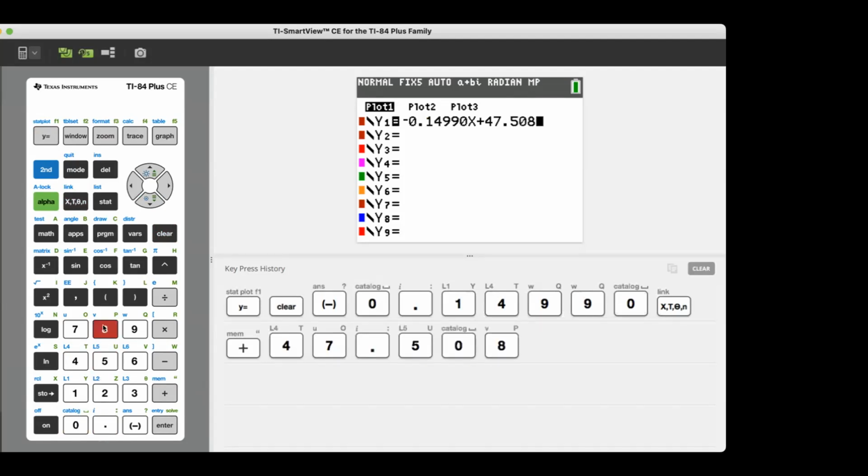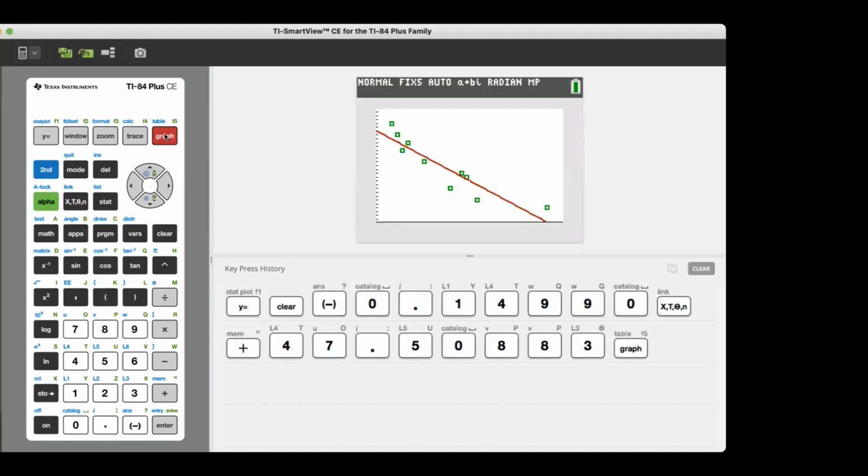Now, if I press the graph key, you see your line going downward from left to right. As you saw, your R was negative, correct?